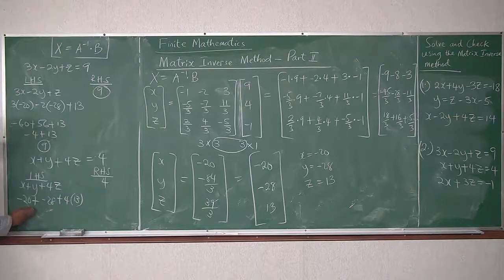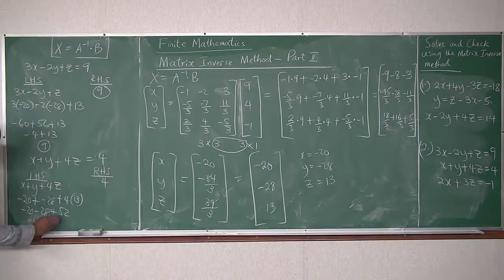So minus 20 minus 28 plus 52. So this is minus 48 plus 52, which will give you 4.